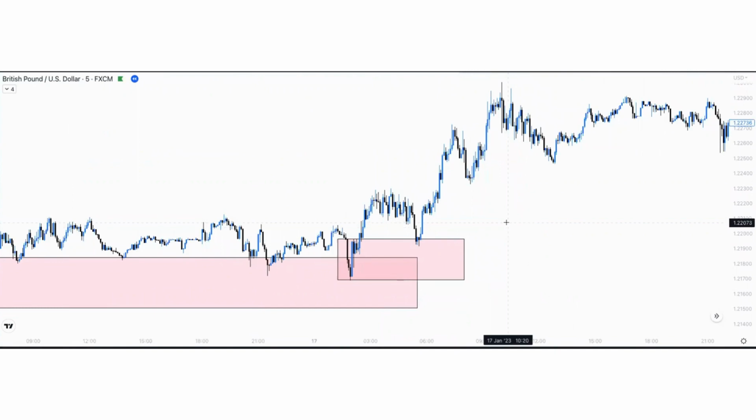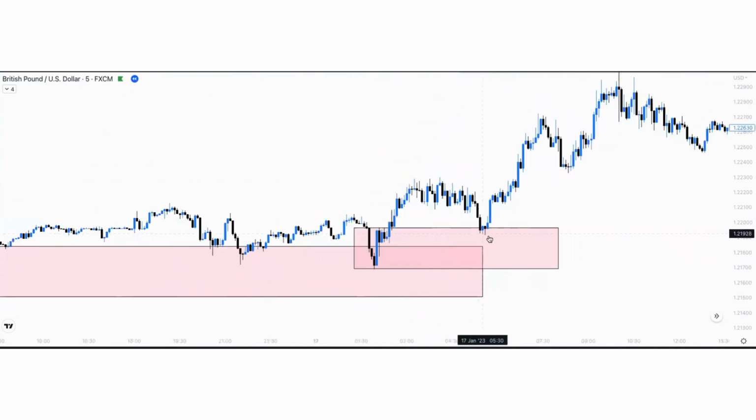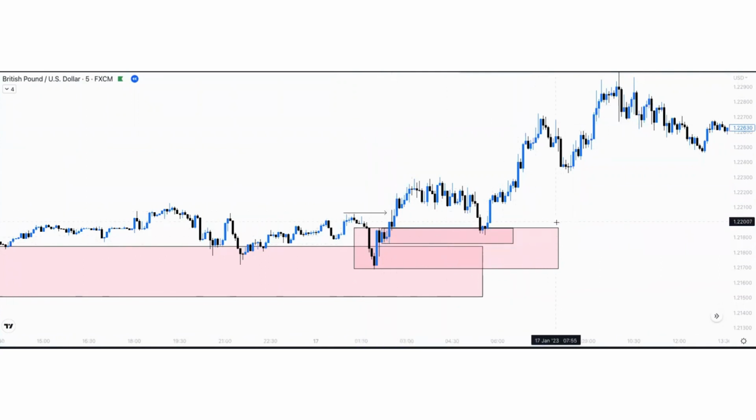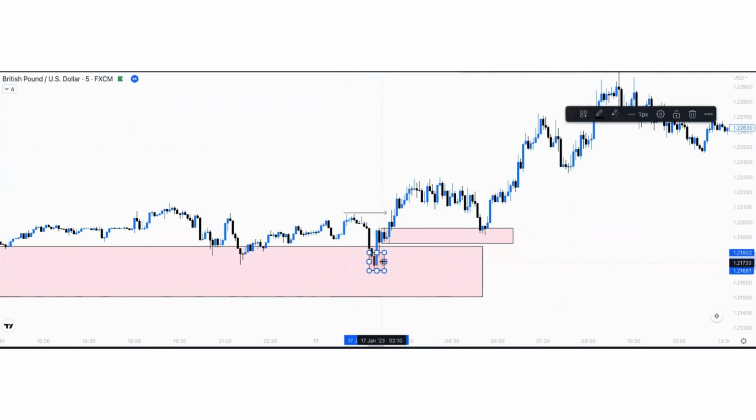In the 5-minute time frame, as we've seen here, there's a mini structure right here that has broken. You may see a small candle right here that has been created, and you may see that this candle is already mitigated.